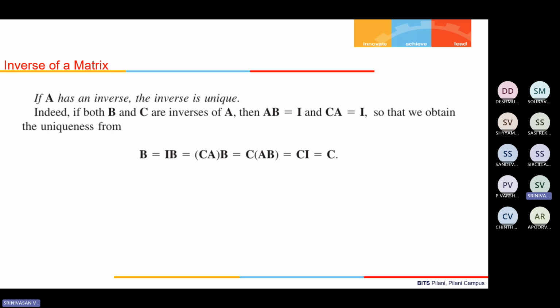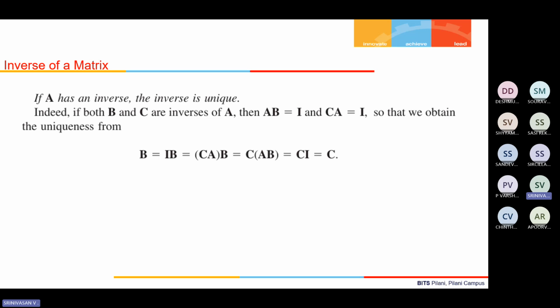Start with B. We are trying to prove now B equal to C. How can we write B? Any matrix multiplied by its unit matrix is the same, isn't it? That's why a unit matrix is called a multiplicative identity matrix. Something like X equal to 1 into X. In matrix, any matrix is the matrix multiplied by its unit matrix. So B is IB.